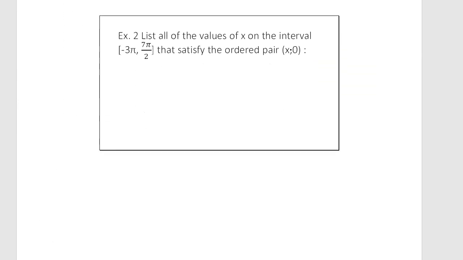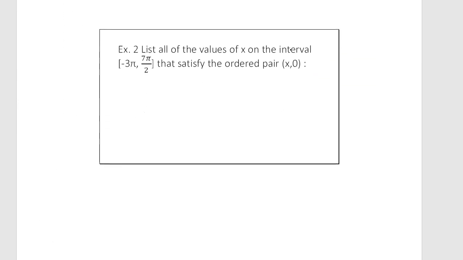So we can do some examples, right? So we can list all of the values of x on the interval negative 3 pi to 7 pi over 2 that satisfy the ordered pair x, 0. So this is saying list all the values that give you a 0 for the sine function.